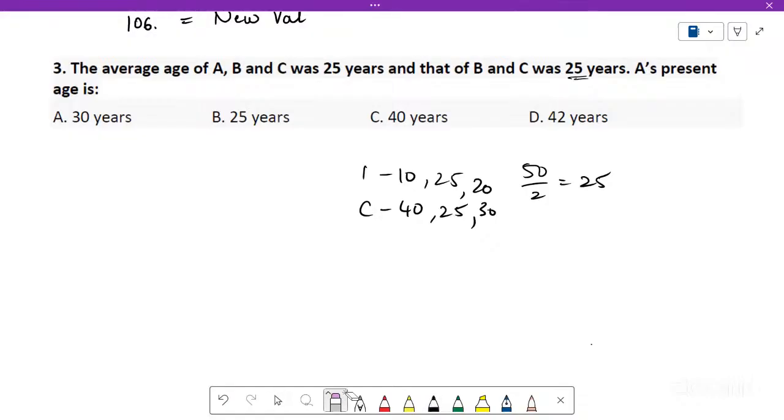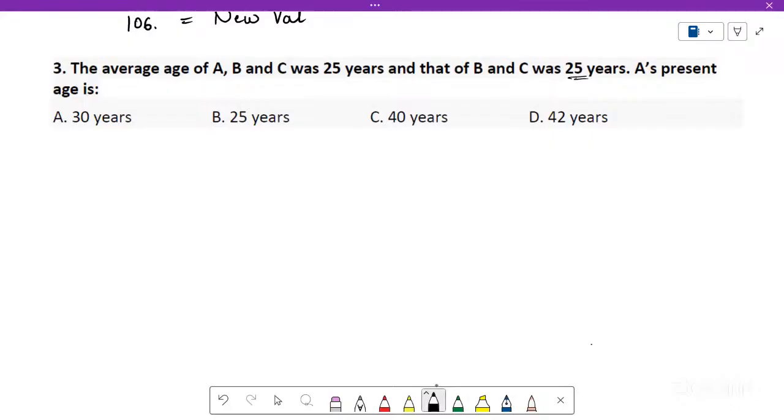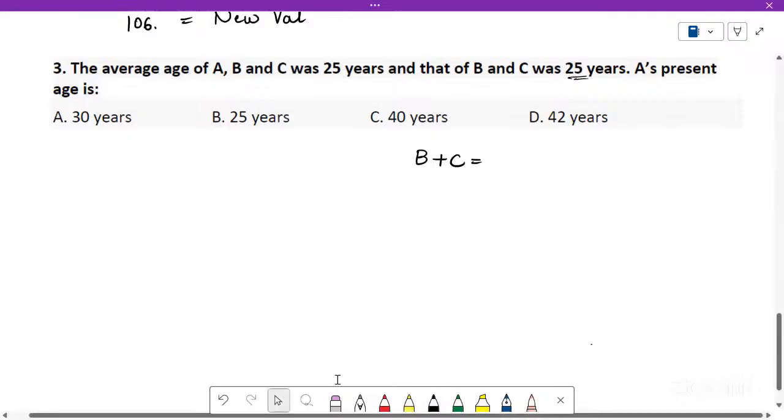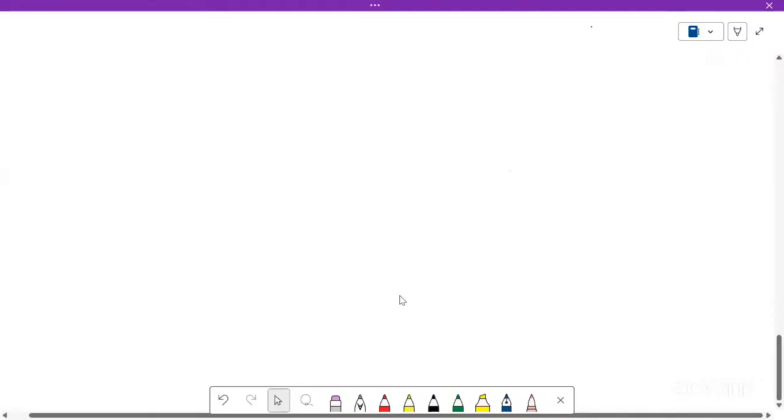So if B and C's average age is given as 25, it does not mean B and C's ages are 25 and 25; we cannot assume that. That is a possibility, but we cannot assume it. So what we know is that B plus C is 50. Remember the first formula I had given in today's session?